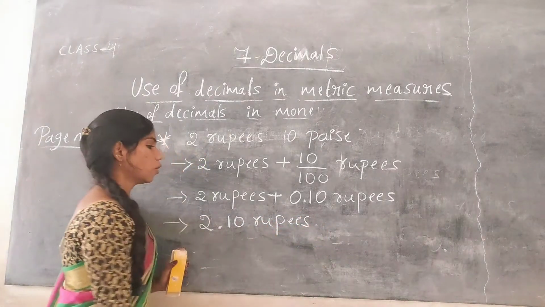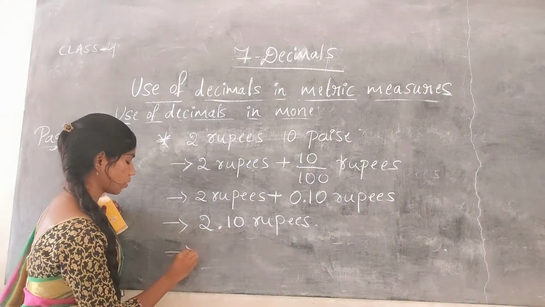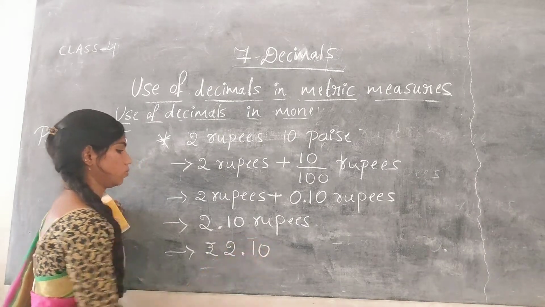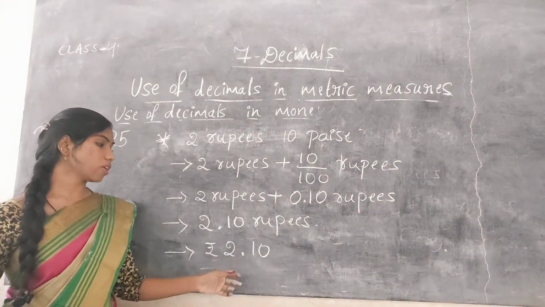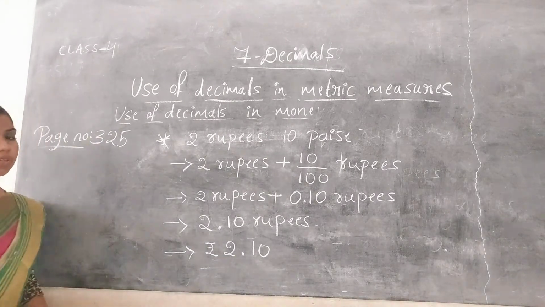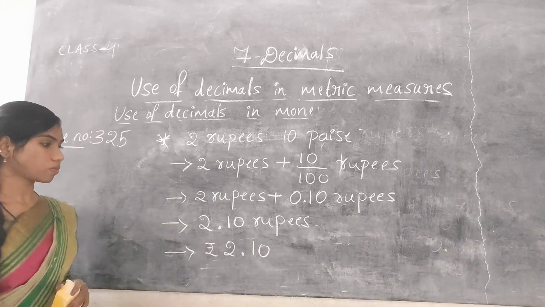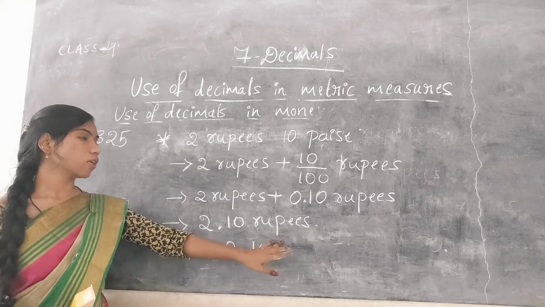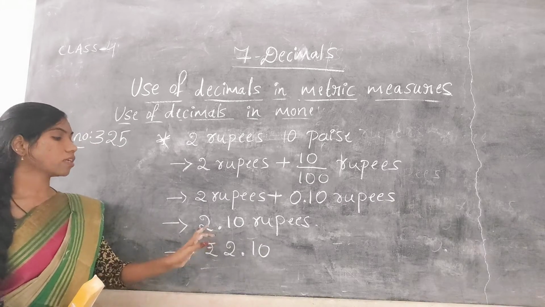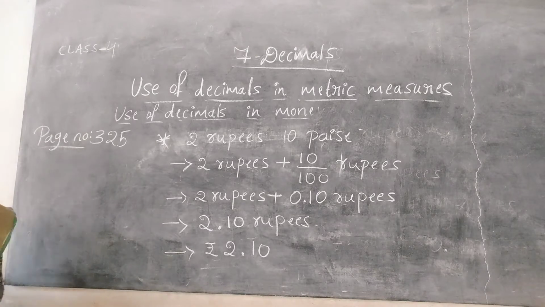So 2 rupees 10 paise we can write like this also. When we convert 2 rupees 10 paise into rupees, the answer is 2.10 rupees. So write this down in your class work.